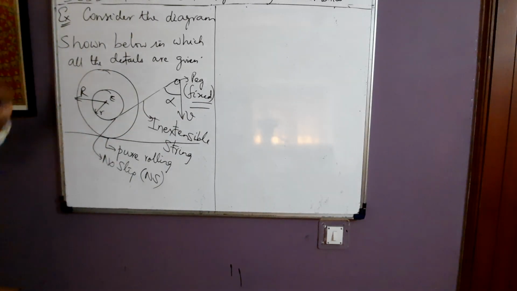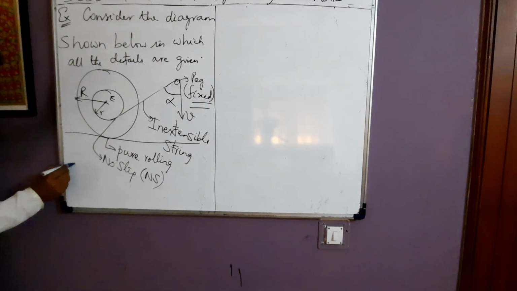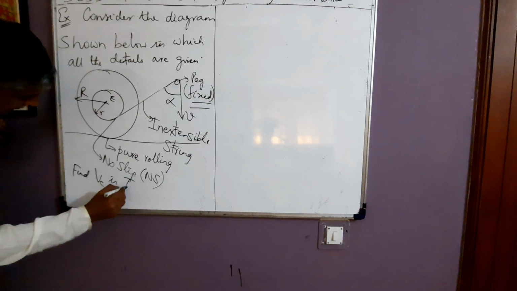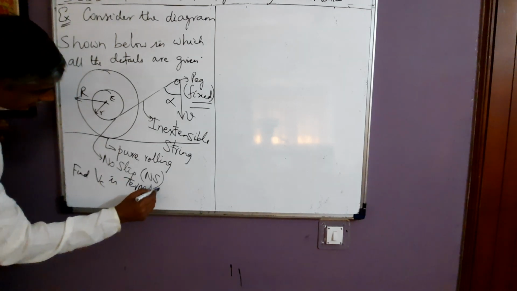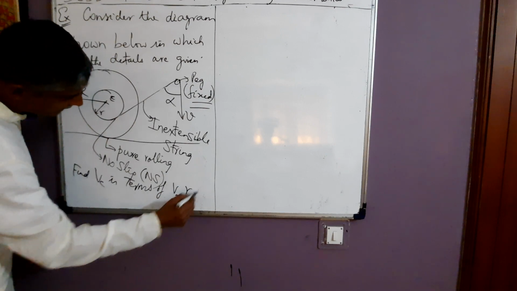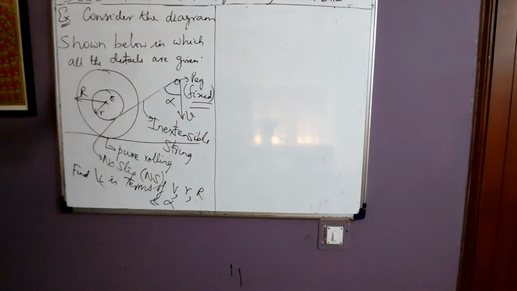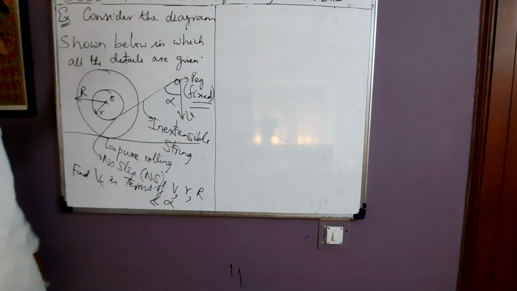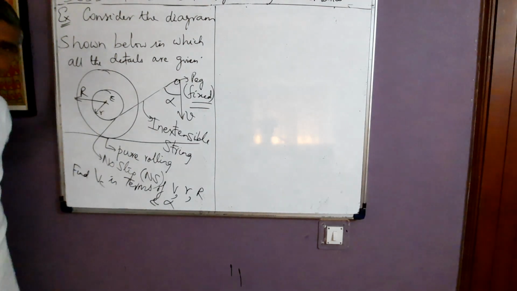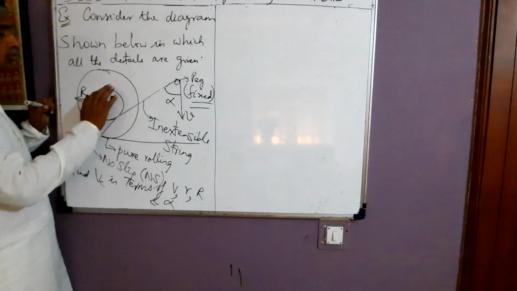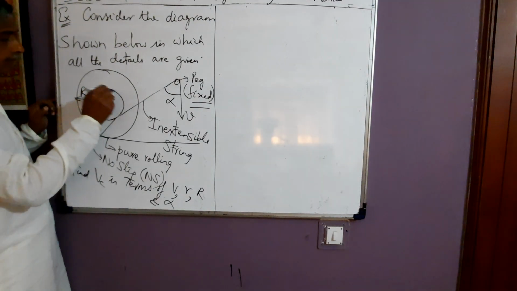Alright, fine. Now the question is, find VC in terms of V, small r, capital R and alpha. Okay, this is the question which we have to solve.